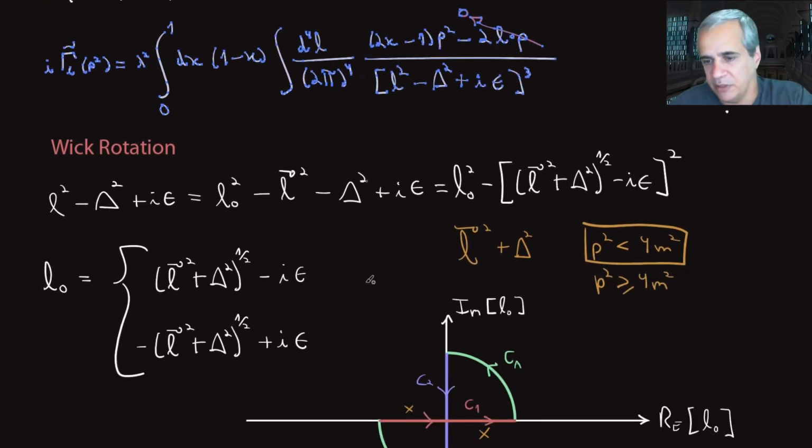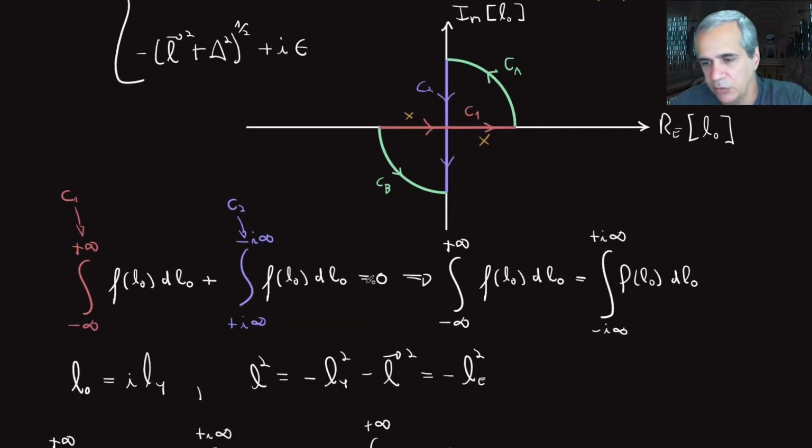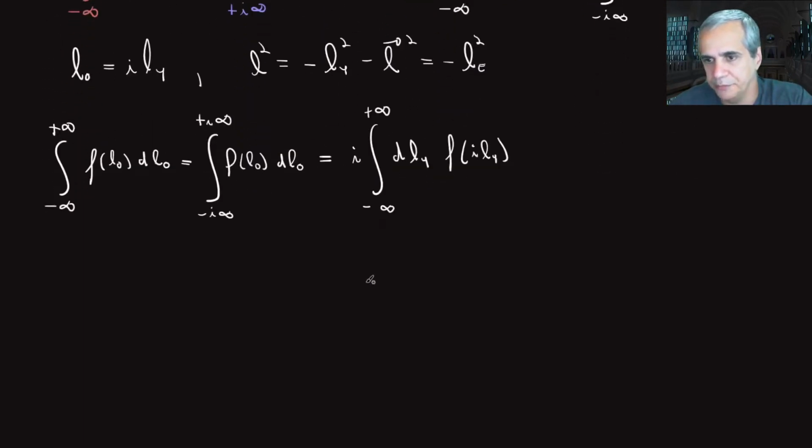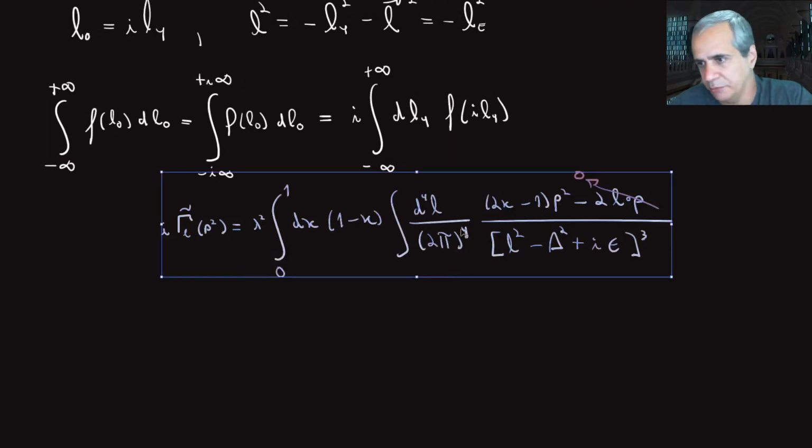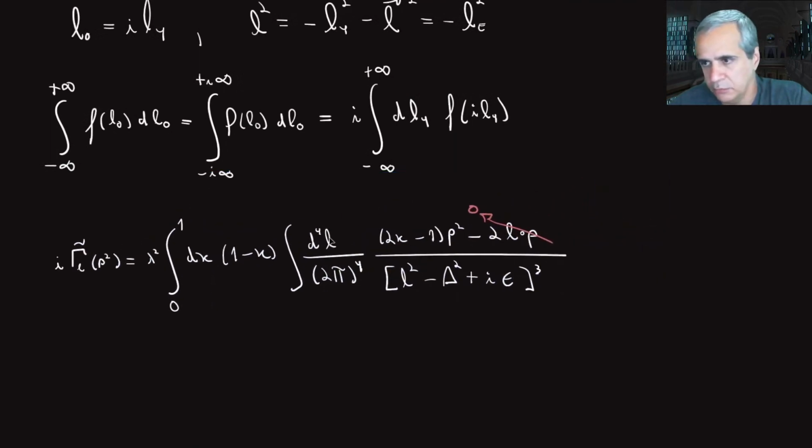I'll copy it down here and do the Wick rotation. So let me put it here. This is 0, I can eliminate it. And now I have to do a few changes here. So this guy becomes minus L_E, right?